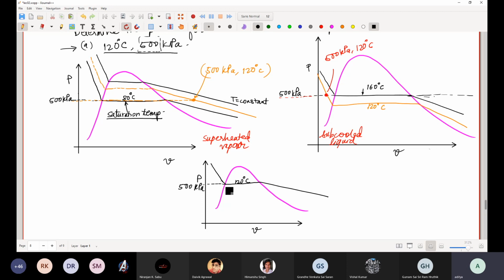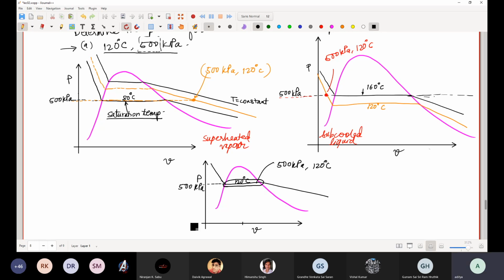then what does it mean? There are infinitely many points where you will have 500 kilopascal and 120 degrees Celsius. And therefore, to completely specify where the point is exactly going to lie, I must then specify either the specific volume or the quality of the pure substance.